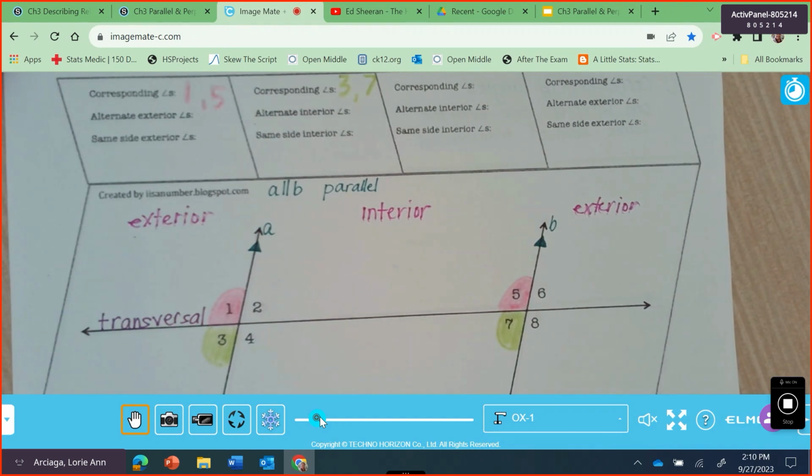Do you have enough colors to switch? You need one more? Here, light green.